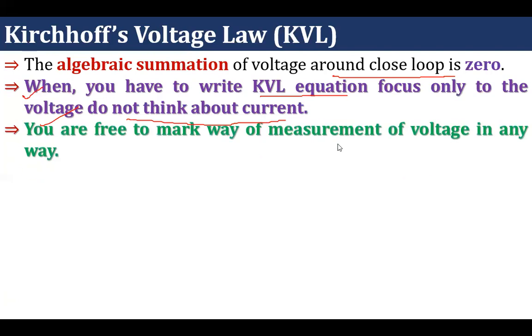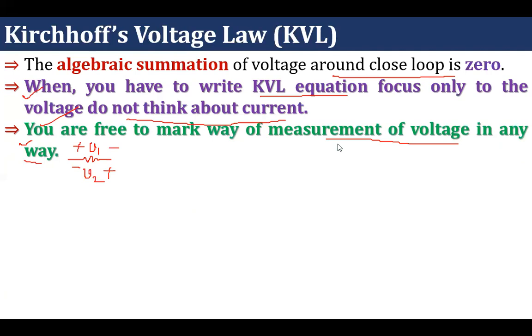The second important point is you are free to mark the way of measurement of voltage in any way. Any way means arbitrary, you can put plus minus sign across any element of the circuit. Either you can put plus minus sign in this way or in this way.